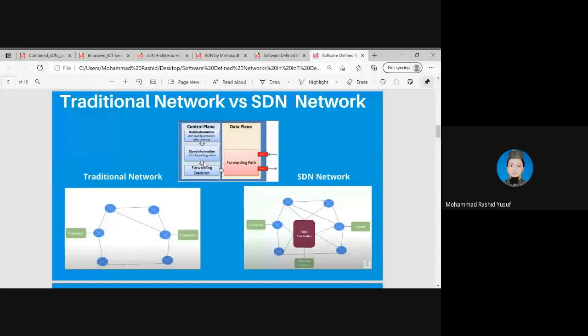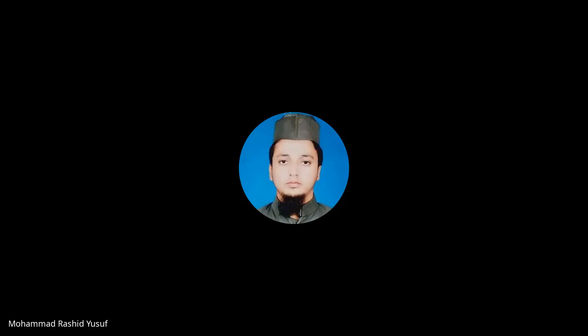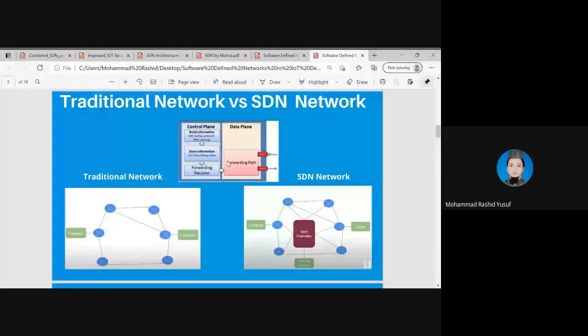And the data plane refers to all functions and processes that forward packets or frames from one interface to another interface based on the control plane logic. This is transferring the packets or frames based on the control plane logic.